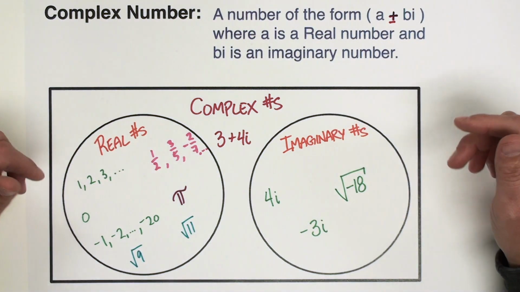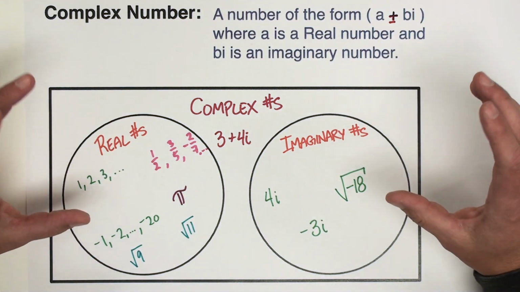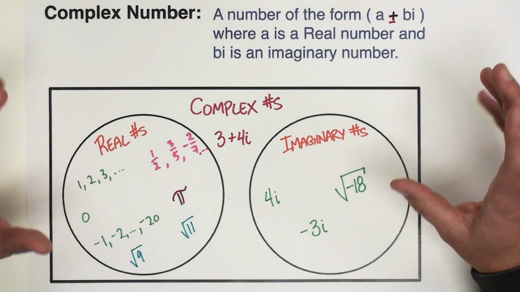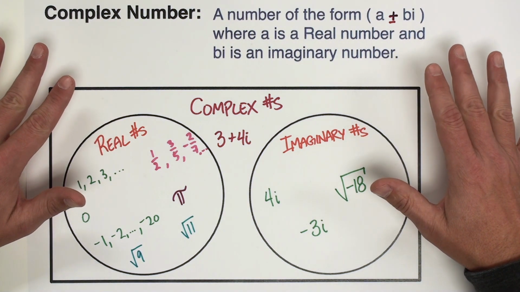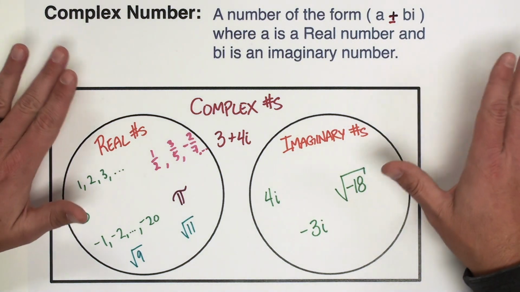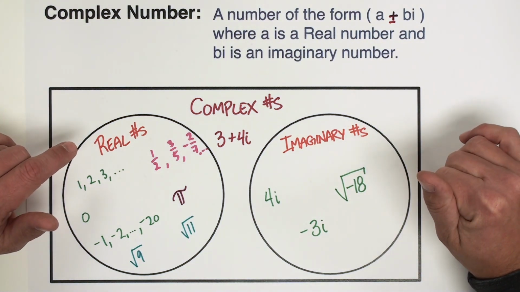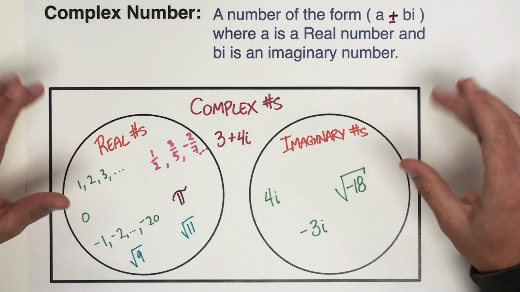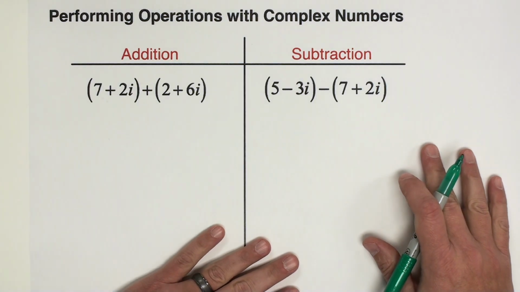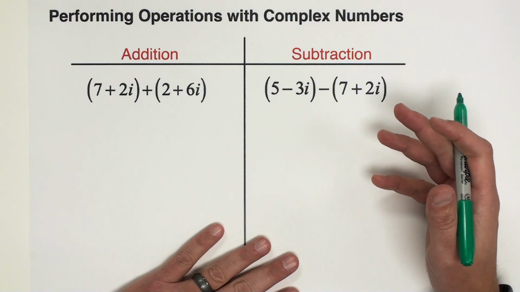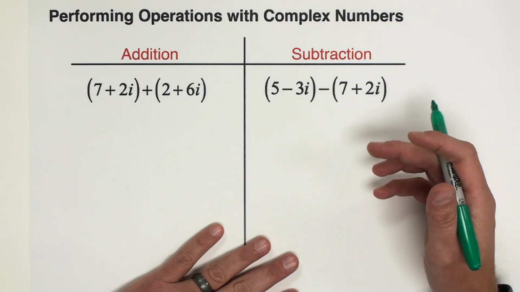So we're going to take some time in the rest of this video to practice some simple operations with complex numbers. We're not going to hit everything in this video, and there's certainly going to be more that we'll hit in other videos on down the line, but we're going to start with a few kind of simple operations with complex numbers. Okay, we're going to dive right in with addition and subtraction.